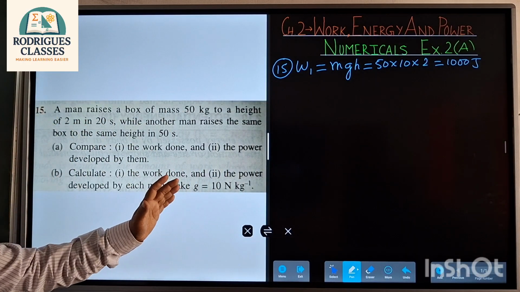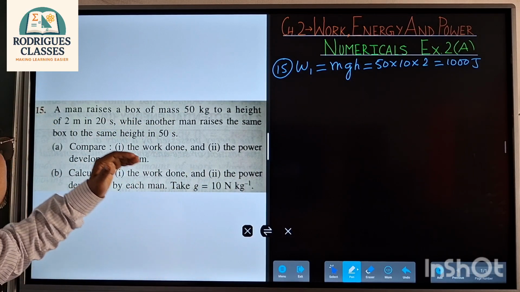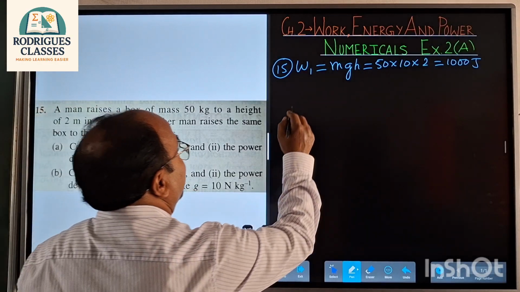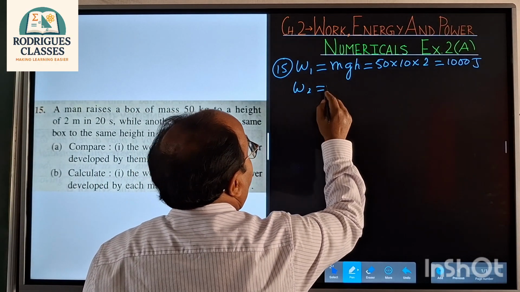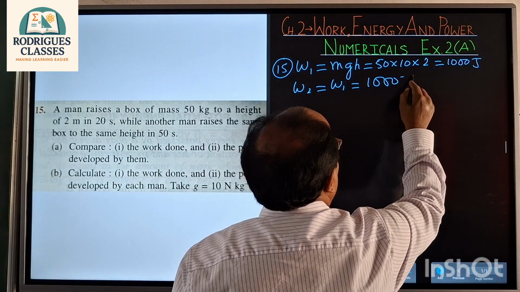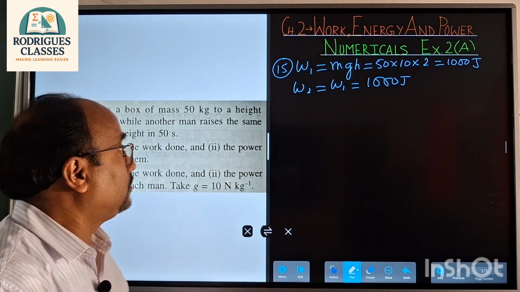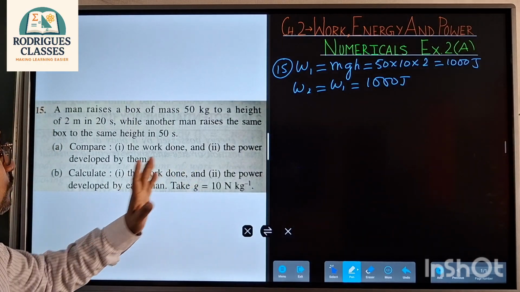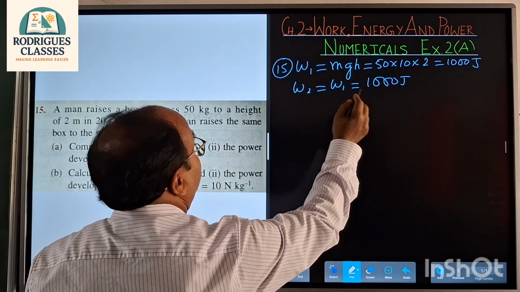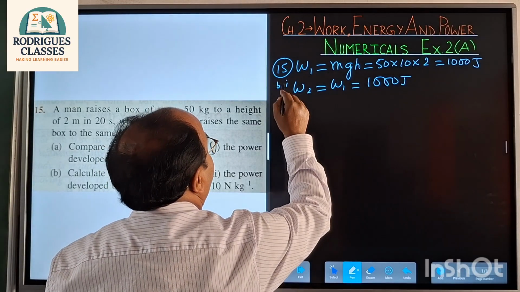The other man is raising the same box to the same height, so work done by the second one also remains the same as W1, and that comes as 1000 joule. So we have calculated the work done by both of them. That is the first part we have got here.